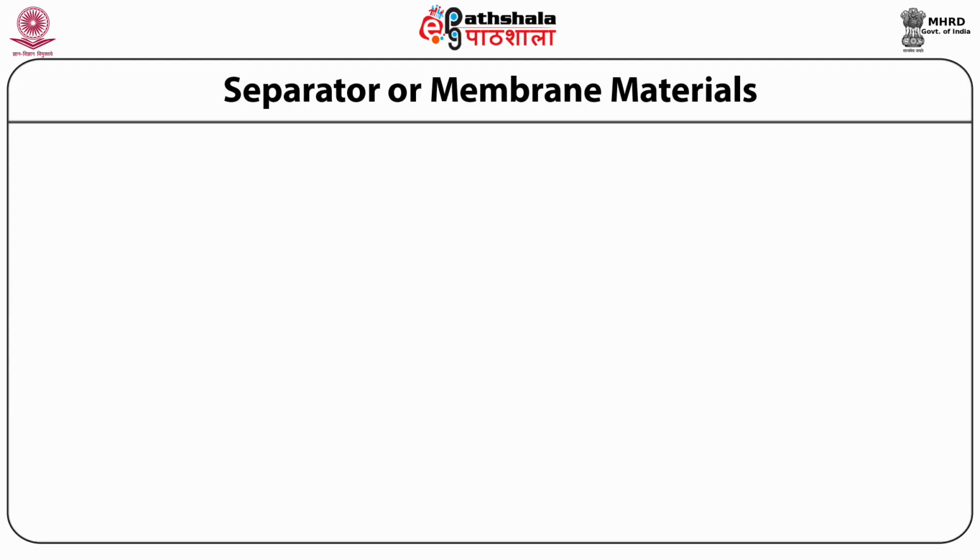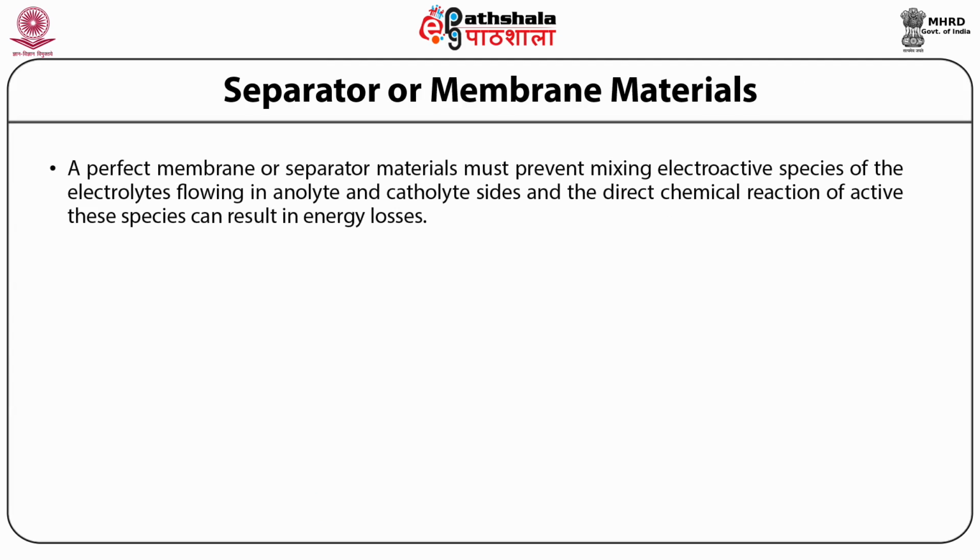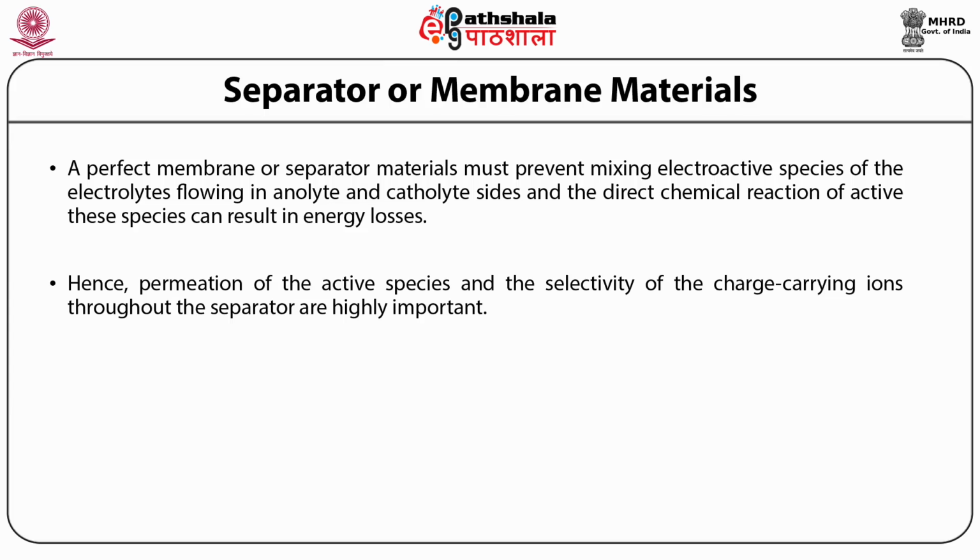Separator or membrane materials. A perfect membrane or separator material must prevent the mixing of electroactive species of the electrolytes flowing in the anolyte and catholyte sides, since direct chemical reaction of active species can result in energy losses. Hence, permeation of the active species and the selectivity of the charge carrying ions through the separator are highly important.